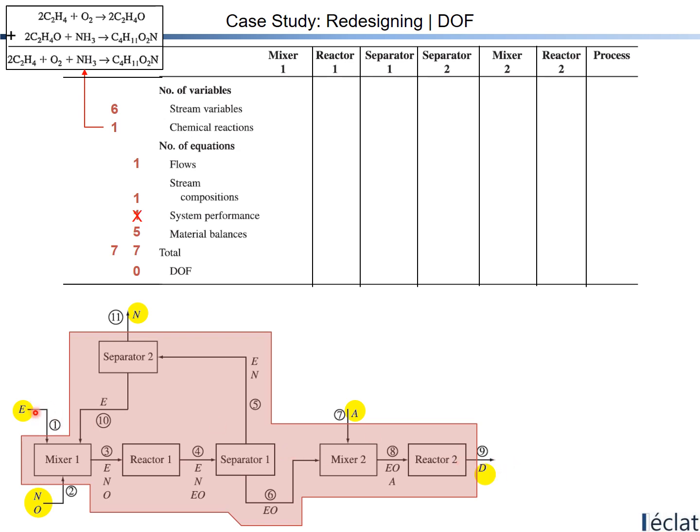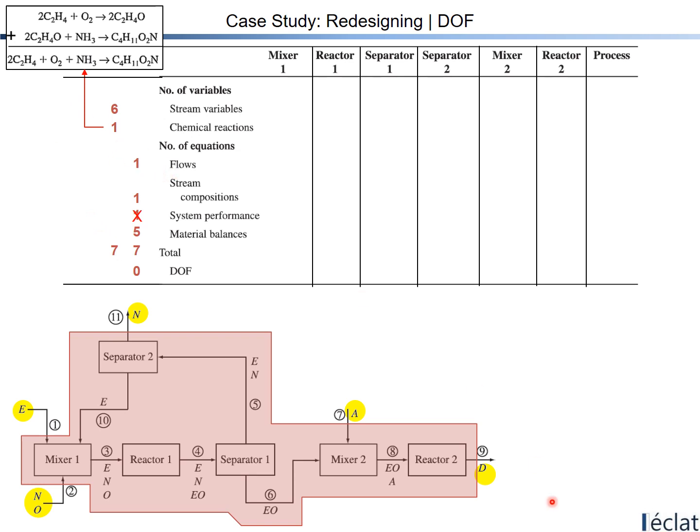So we have 1, 2, 3, 4, 5, 6 stream variables and 1 chemical reaction. Of course, we should think about the overall chemical reaction equation instead of 2 separate equations, because we are not thinking about the intermediate in the entire process. So 7 degrees of freedom, and then what are the restrictions?